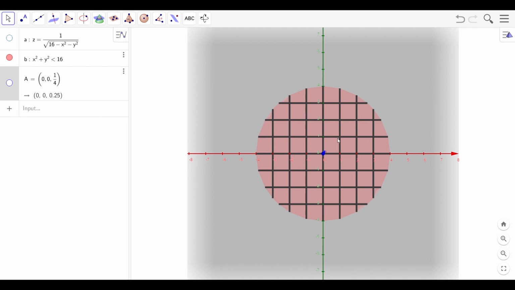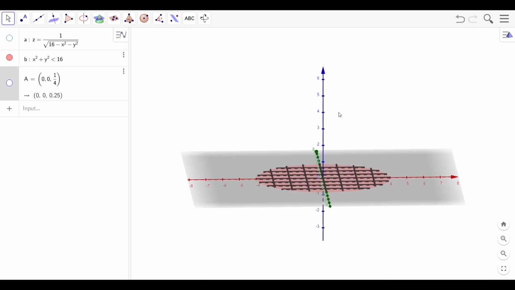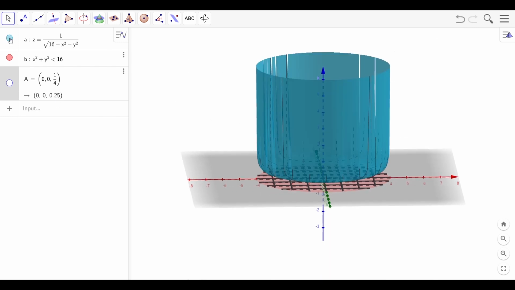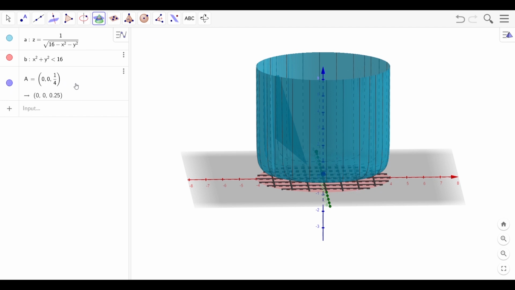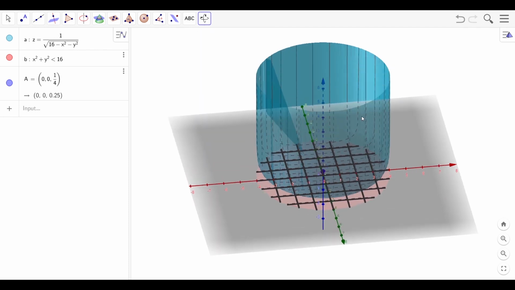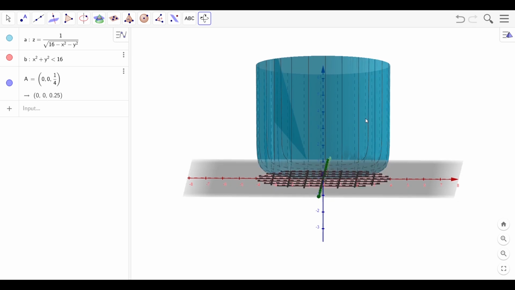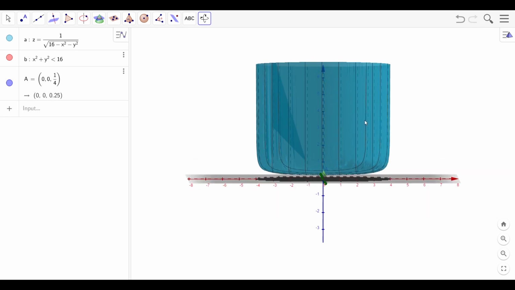And you intersect the surface with this one. So you can see that the point 0, 0, 1 by 4 will be the point where the surface meets the z-axis. So there the range starts.